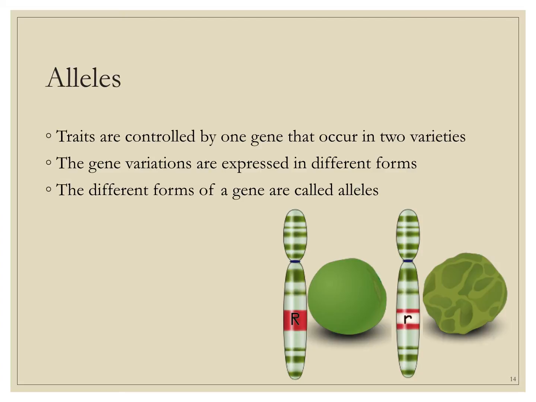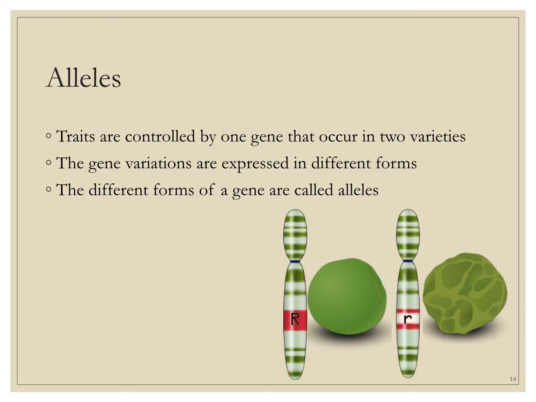Allele is one of your vocabulary words. These are traits that are controlled by one gene that occur in 2 varieties. Remember, you're getting 1 chromosome from mom, 1 chromosome from dad. The gene variations are expressed in different forms. Those different forms are called alleles. You can see in the picture at the bottom, we have 1 chromosome from mom, 1 chromosome from dad.